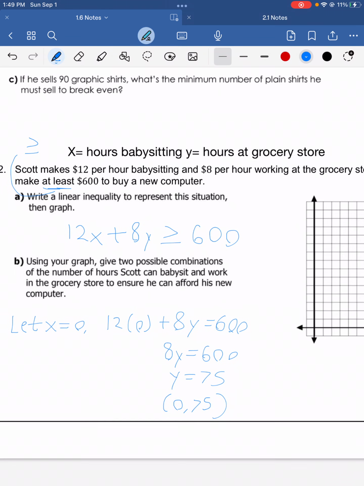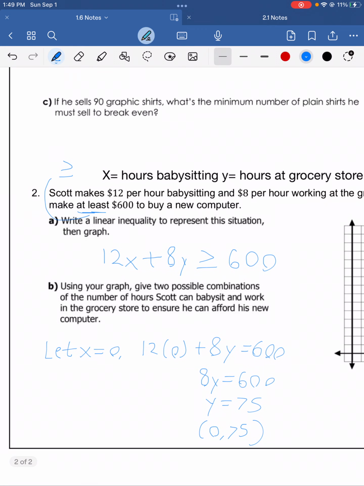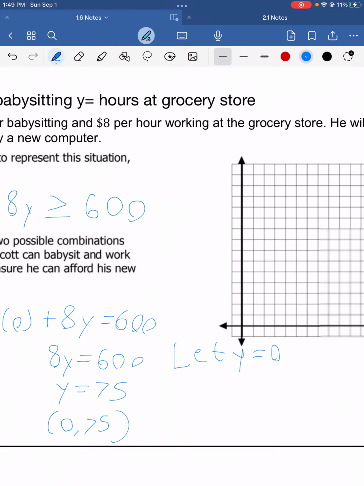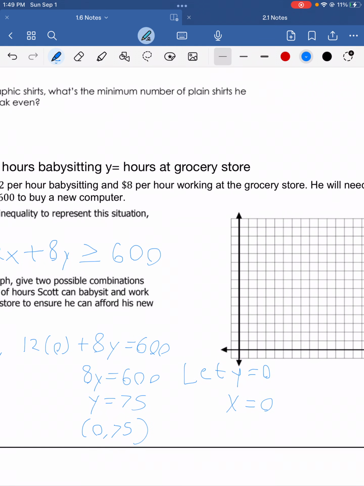Okay, similarly, if you want to find the x-intercept, you're going to let y equal 0. So let's let y equal 0. Okay, and if you let y equal 0, I'm going to just tell you right now what you get. If y is 0, you're just going to divide 600 by 12.